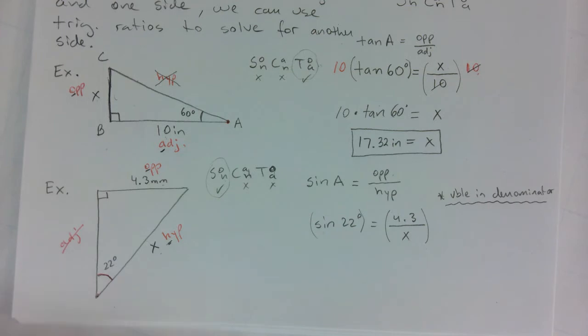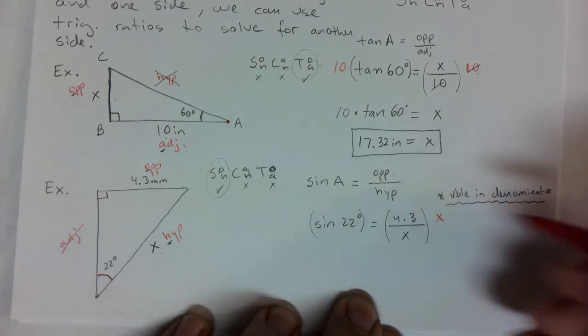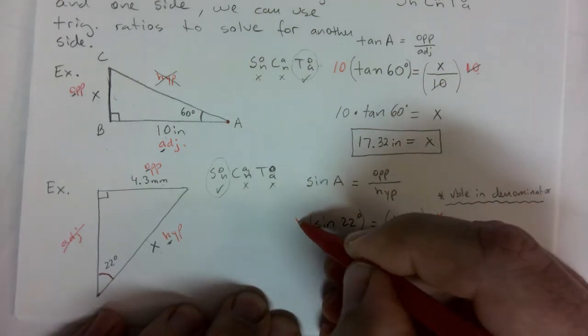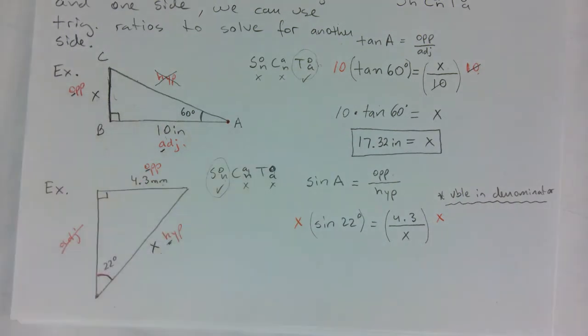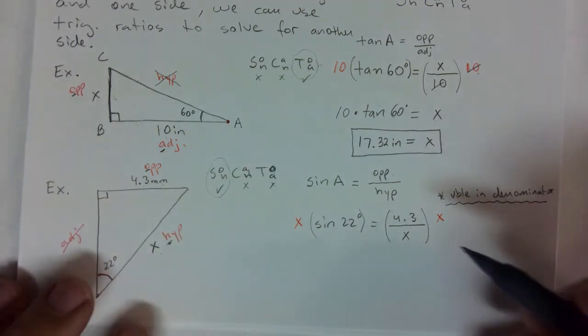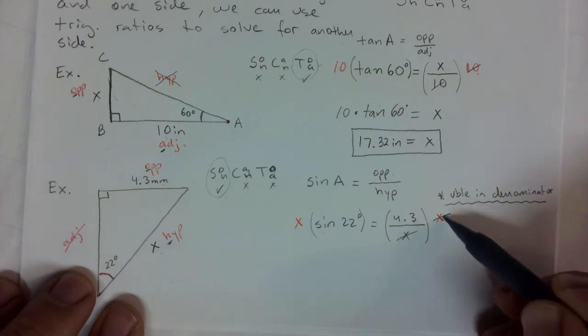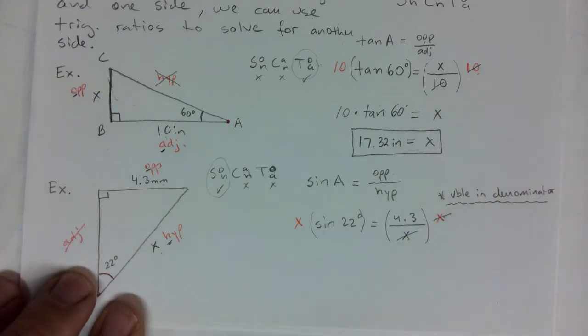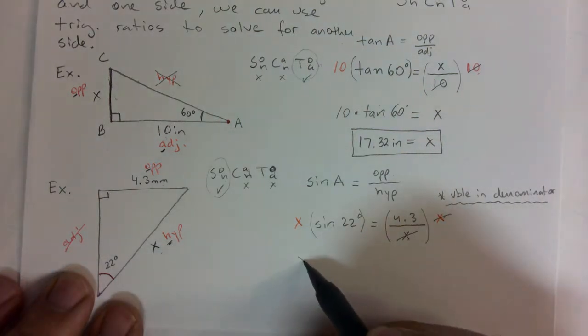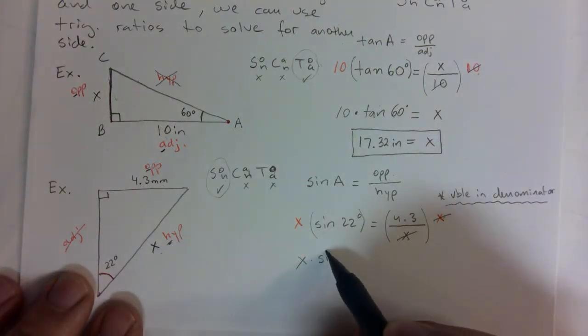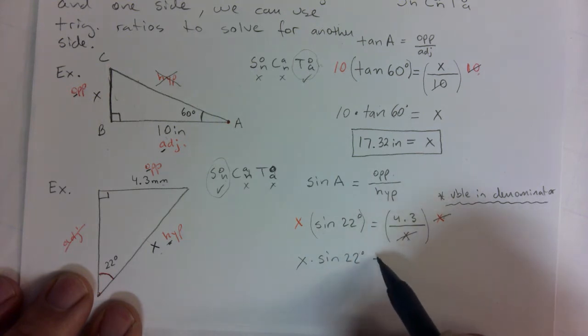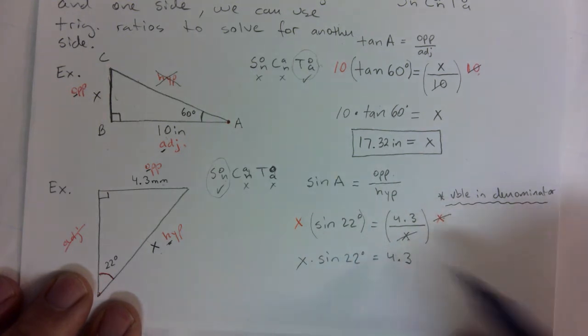So we basically say times x, times x. Okay, that allows us to cancel out these two because it's x divided by x, which is just 1. It's not 0, it's 1. Okay, then we have x times sine of 22 is equal to 4.3.